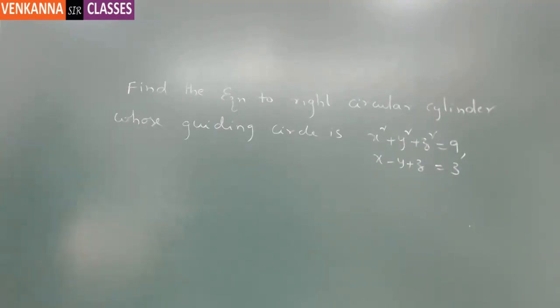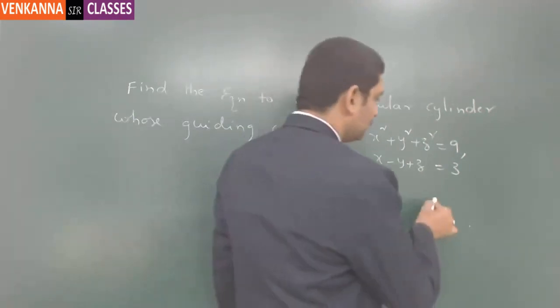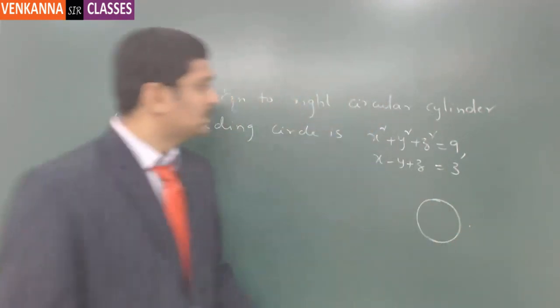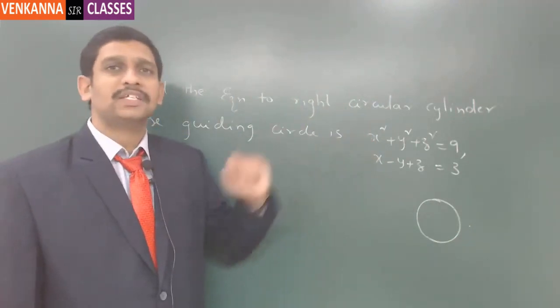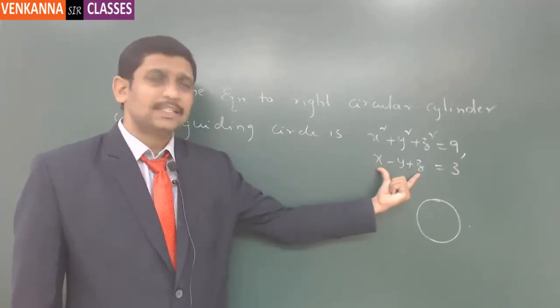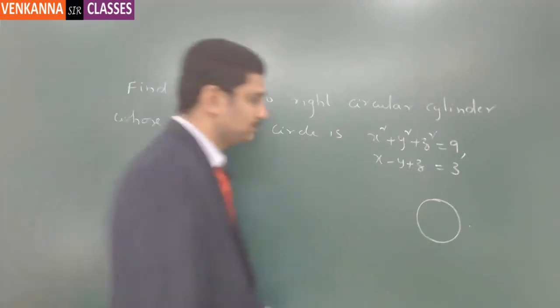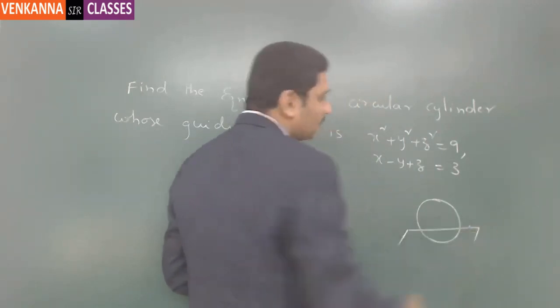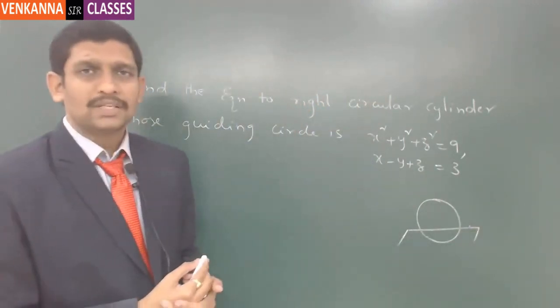Now, if you draw the picture for the given problem, it will look like, say, this is the sphere equation which is given here, and say that this plane is intersecting this sphere. Now what happens?